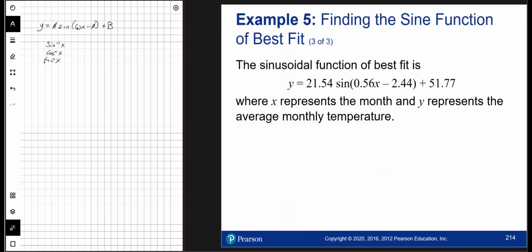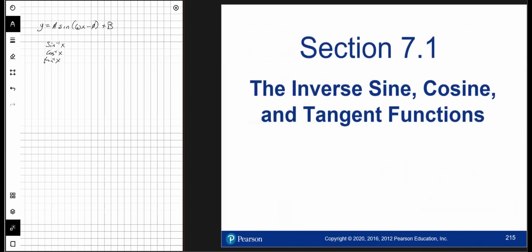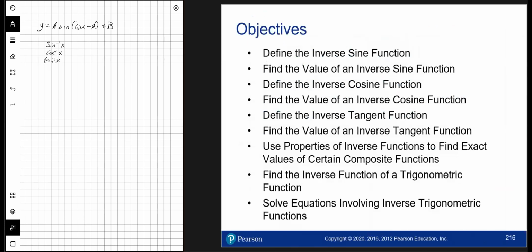So I'm just clicking through these to get to chapter 7. Okay, 7.1, talking about inverse sine, cosine, and tangent functions. We're going to define what they are and then find their values. So we're going to look at them individually: what the inverse sine is, finding the value of a sine inverse, then cosine inverse, or the inverse of cosine, and tangent.